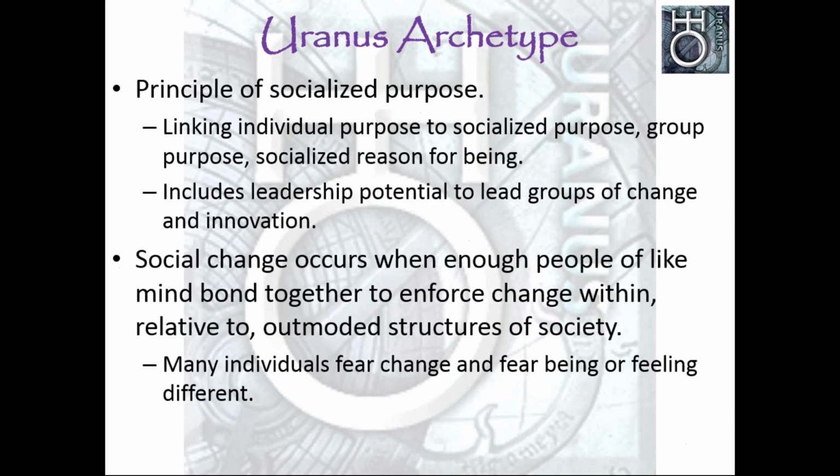And so Uranus is also the principle of a socialized purpose. We hear of Uranus being those like-minded individuals. It's our friendships. It's our groups. It's our tribe. It's the social faction or subgroup that we get along with. And so Uranus then leads us into working with society, working through society.